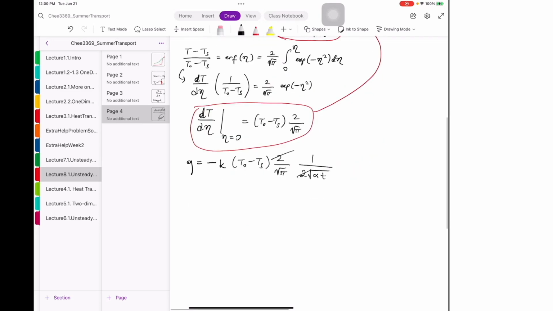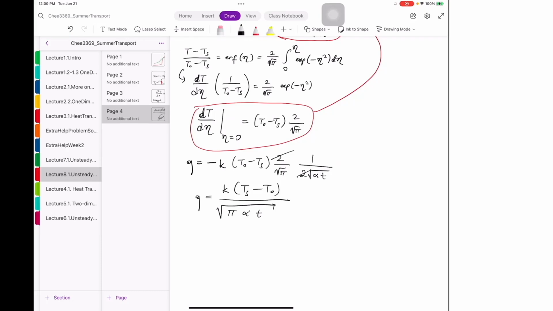The 2's cancel, and you get q, if you change the order of T0 and Ts, equal to k times Ts minus T0 divided by square root of pi alpha t. Okay. Good.